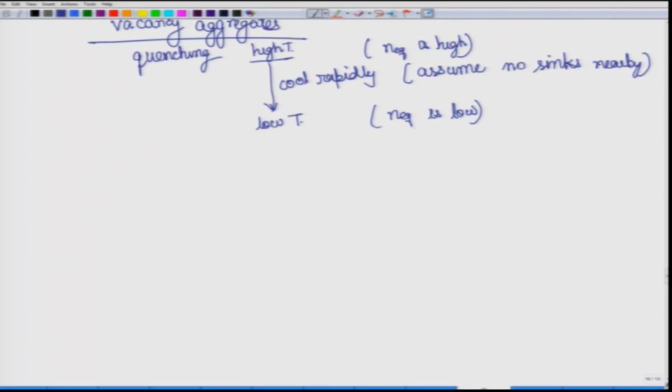So, what will happen is that at lower temperature you will have supersaturation of vacancies, meaning more vacancies than is allowed by thermodynamics, or more than what would be expected for a thermally equilibrium system.